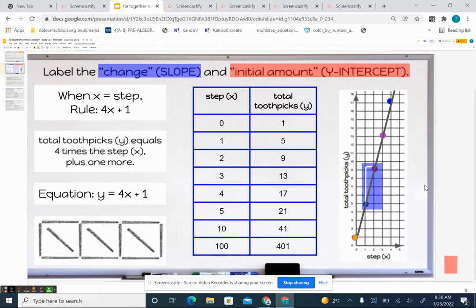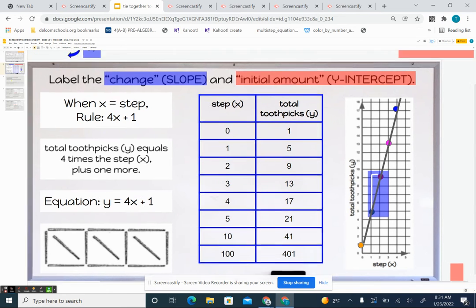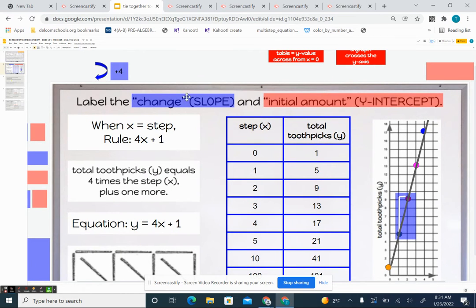Okay, so that's change. The change in the data table, slope is change. You guys know a data table, the slope is y change over x change. Well, if you drag this piece right here where it says +4, it's kind of connected to another piece.